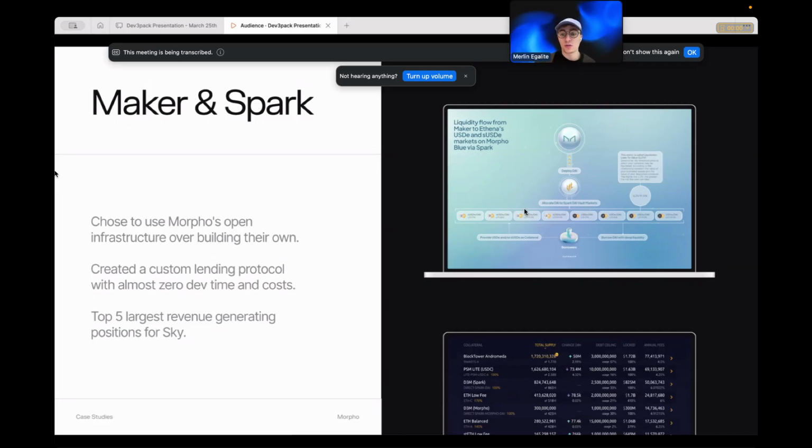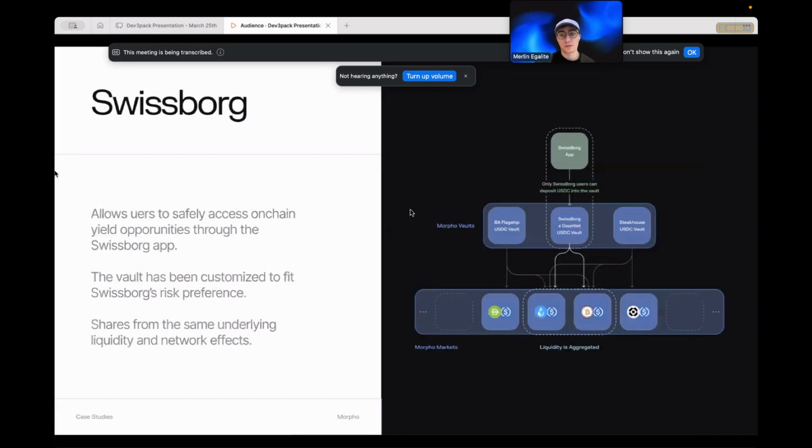So it's a good insurance for builders on top of Morpho, that you know the protocol will operate the same way over the long term. So yeah, that was a big integration, and again, zero dev time, zero cost. Just need to deploy the capital into those markets.